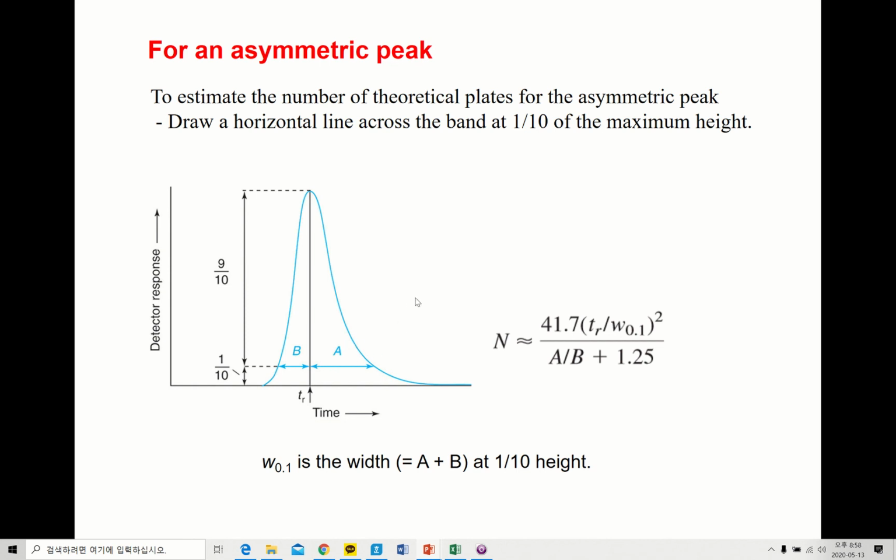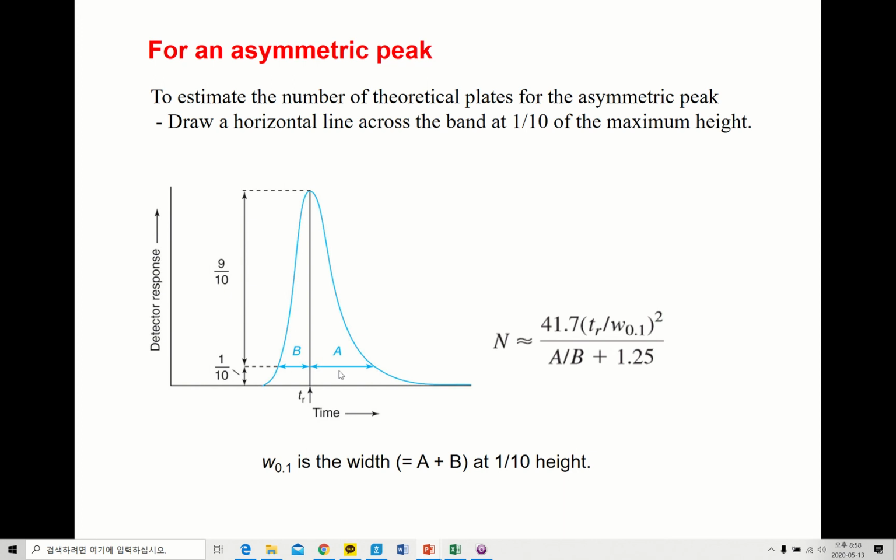But in this book, the author didn't derive the theory for this one. For this kind of asymmetric peak, your textbook says n is approximated by this equation. This is much more complicated, but we simply accept this equation.